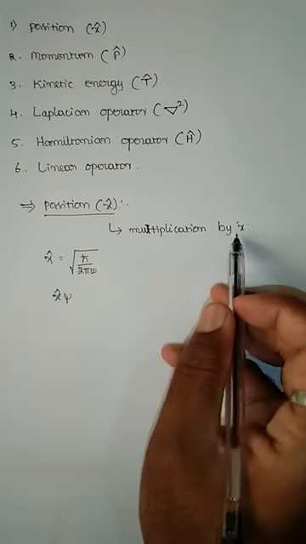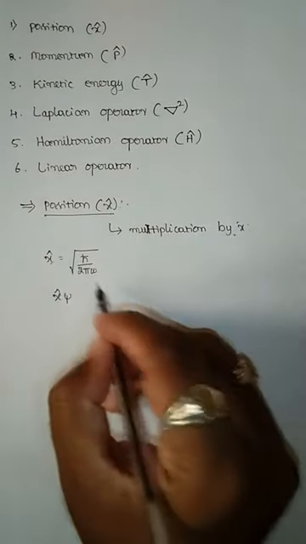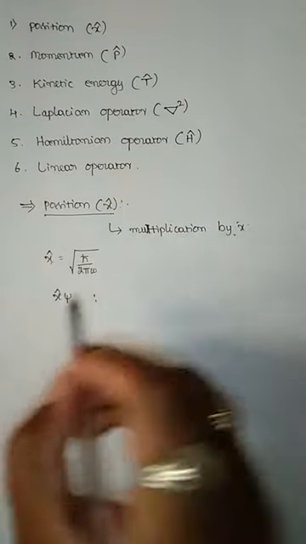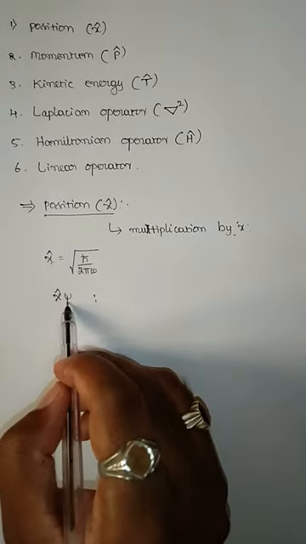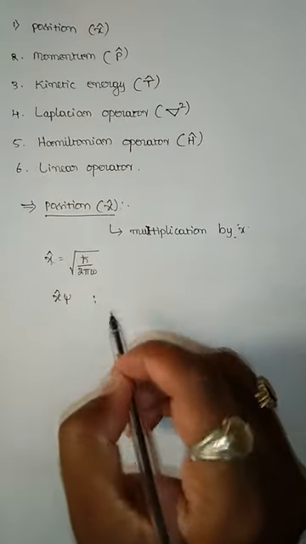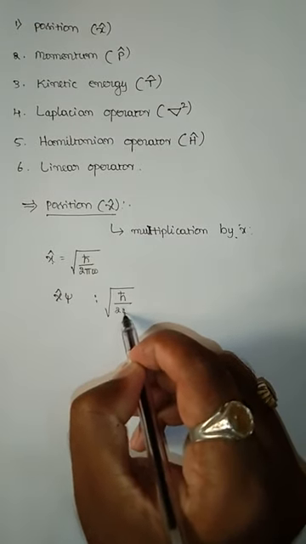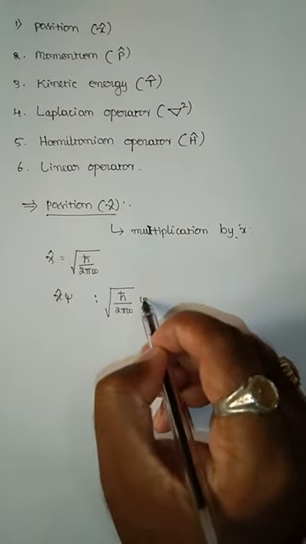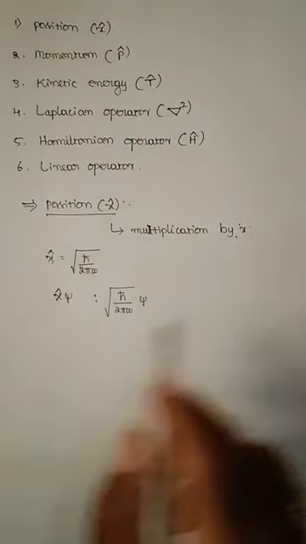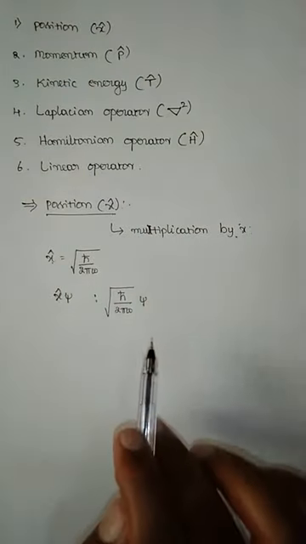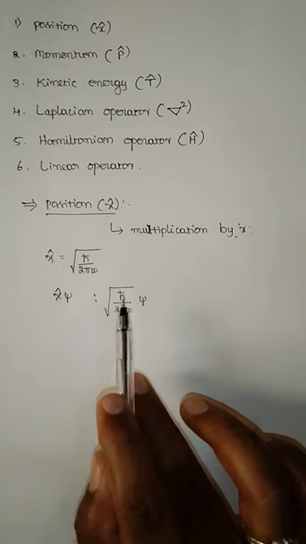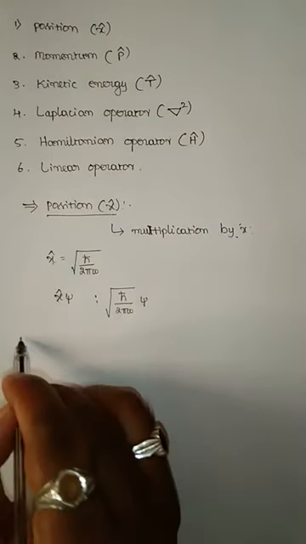Here we said multiplication by x, so this implies that x cap is multiplying with psi. So we have the value of x cap, that is h cross over 2 pi omega, multiplying with psi. This is the actual way of the position operator.